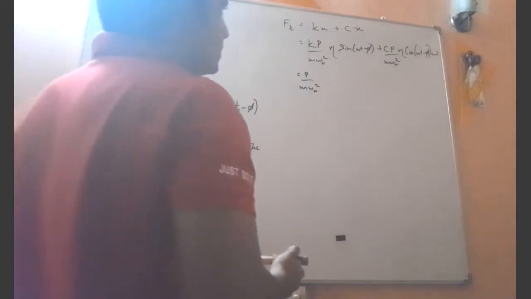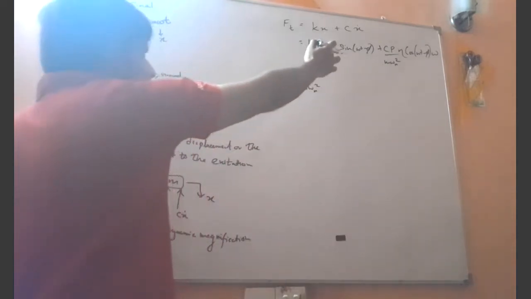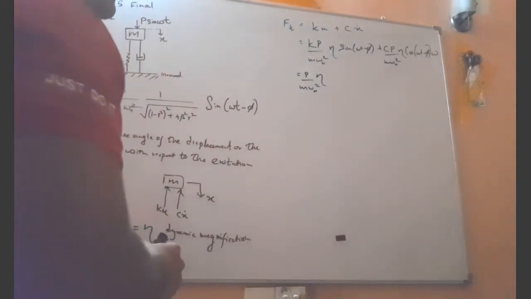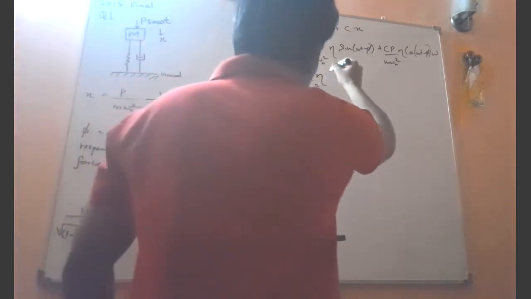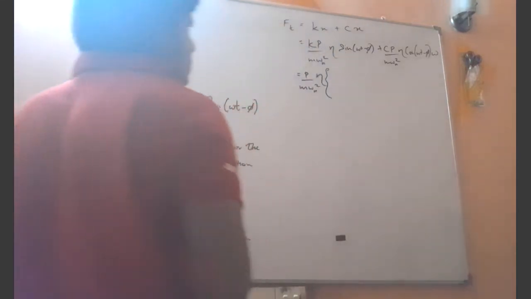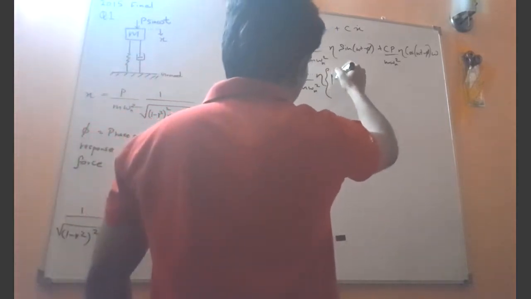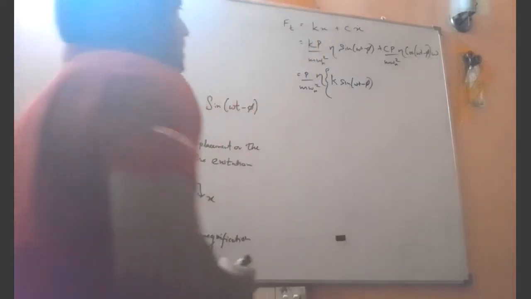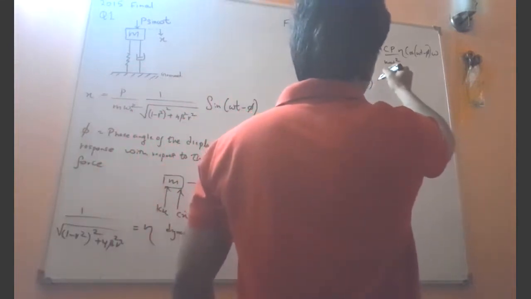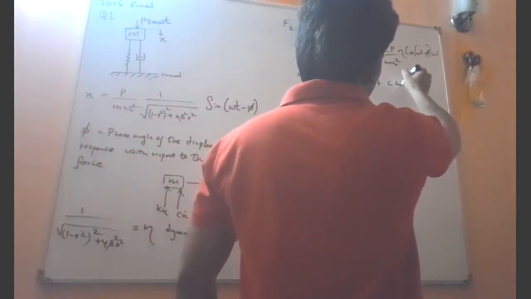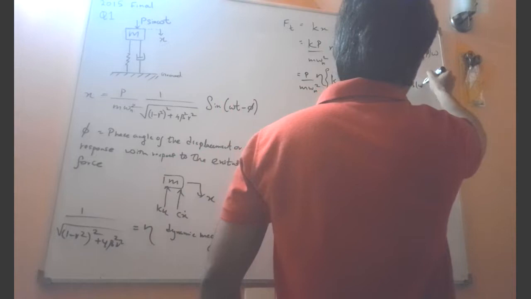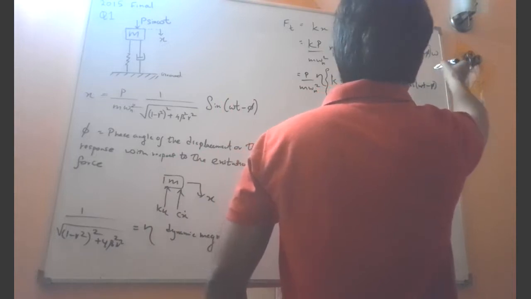What remains, in a bracket, is k sine omega t minus phi plus c omega cos omega t minus phi.